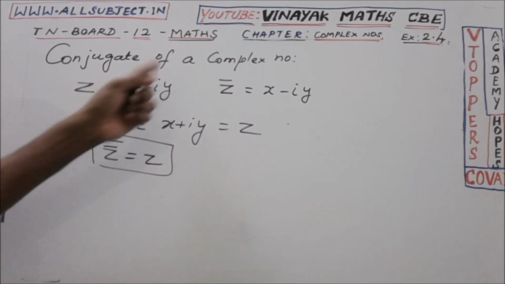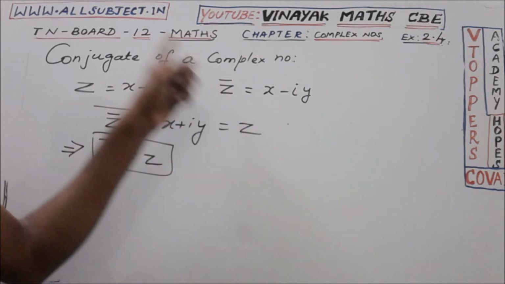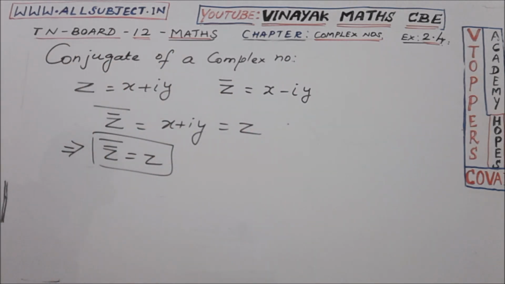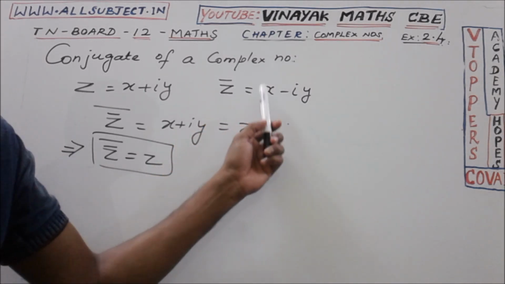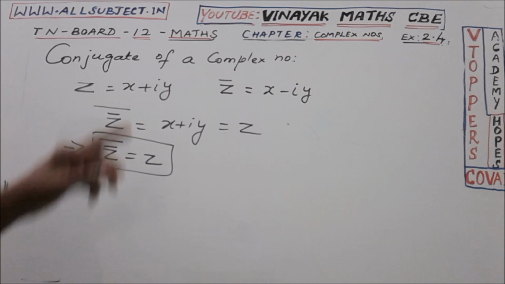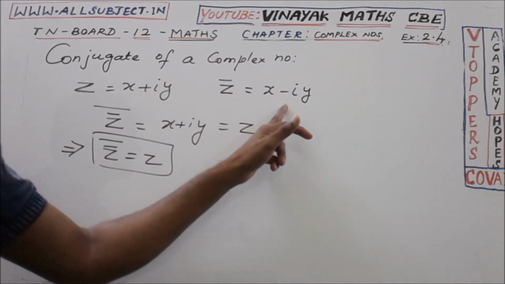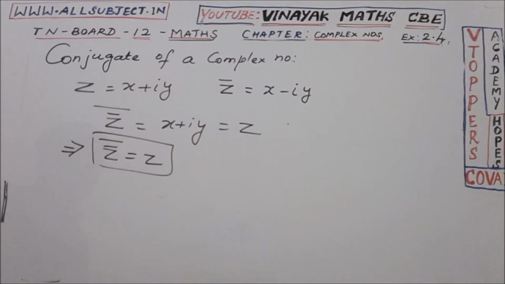When we take the conjugate of a conjugate, it leads to the original complex number z. So this is a property of conjugate. If z equal to x plus iy is a complex number, then its conjugate is z bar, equal to x minus iy, just replacing i with minus i, that's all.